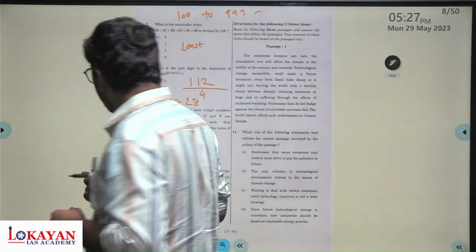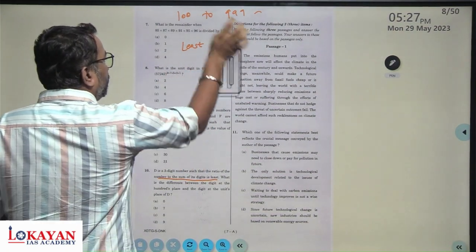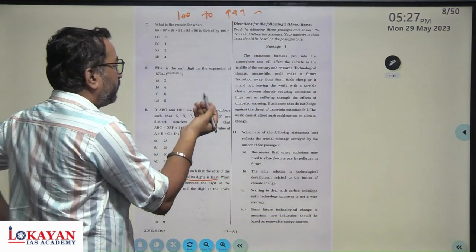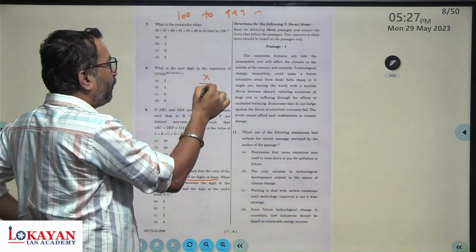Now see, to get the ratio least, the ratio is what? Division, numerator divided by denominator, x divided by y.